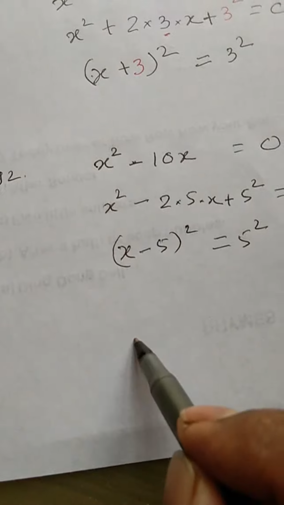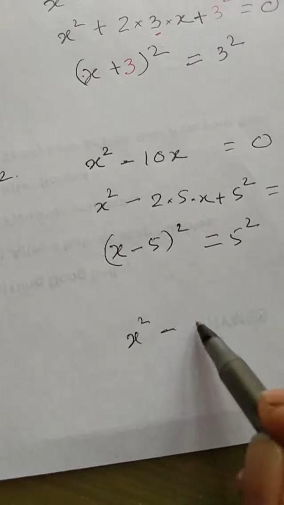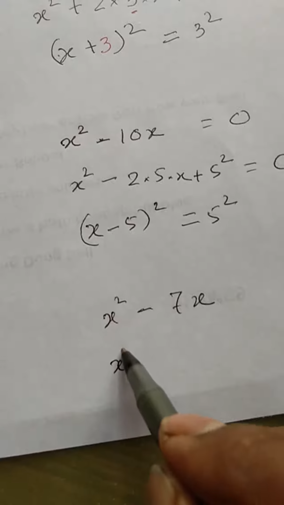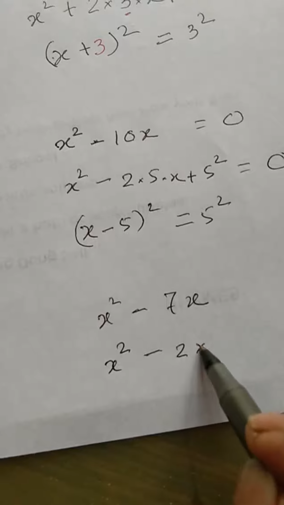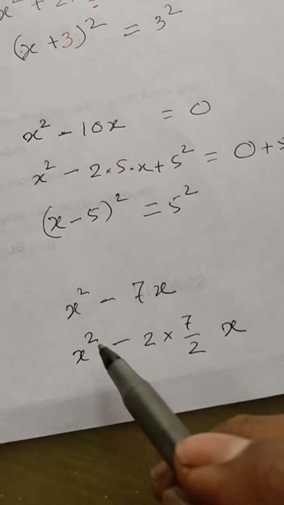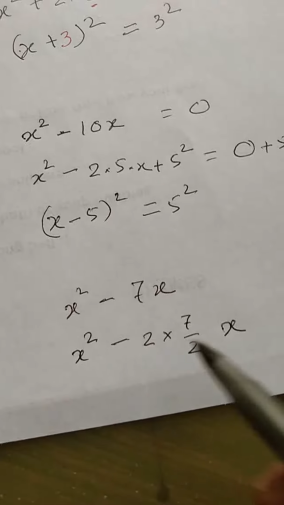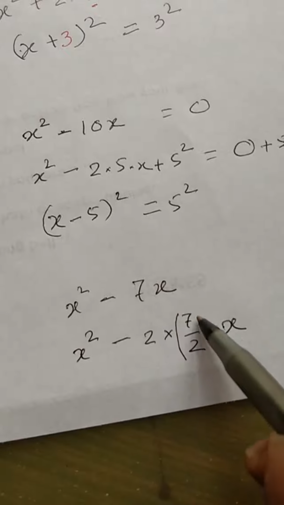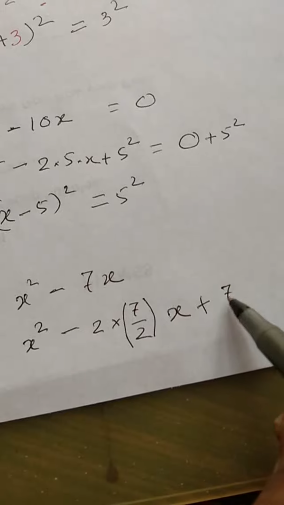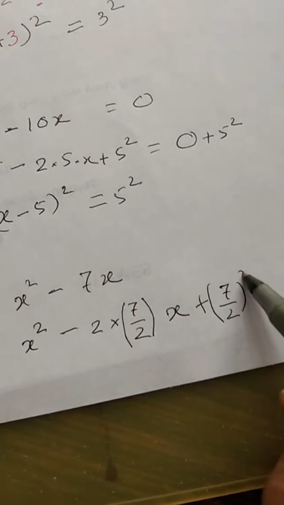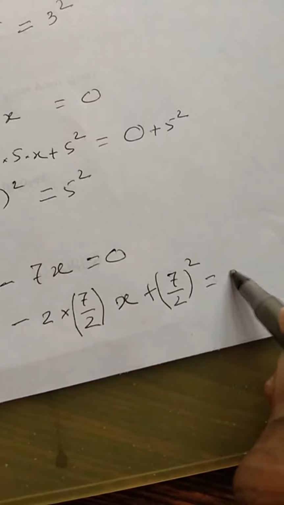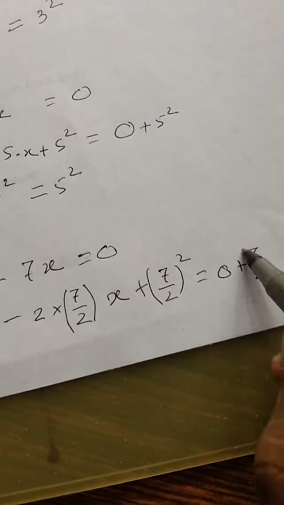Say let us take a third example, x square minus 7x. Then what we'll do, we'll write this as x square minus 2 into 7 by 2 into x. Now if we think of this as a square minus 2ab, this will be our term b, and the square of this term we will add here: 7 by 2 whole square, equals 0 plus 7 by 2 whole square.